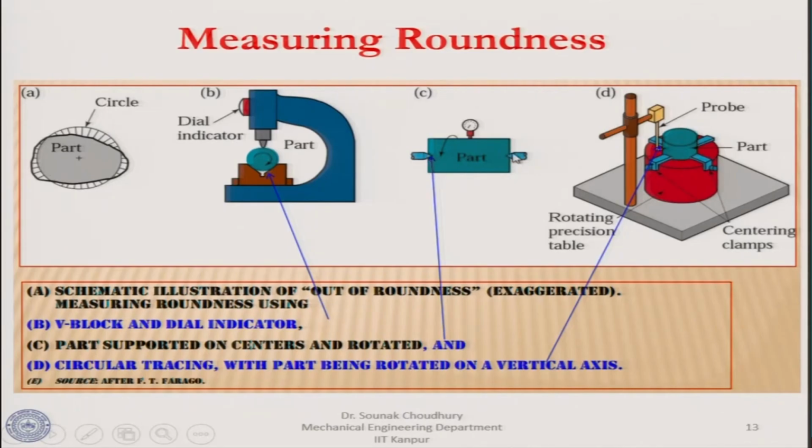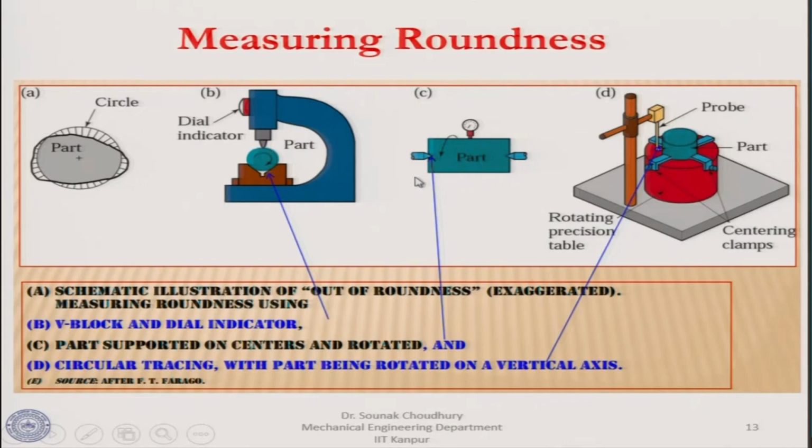These are the centers, the job is rotated about these centers, and then the dial indicator shows what is the out of roundness in this cross section. Then it can be put in this cross section, and this cross section, and so on, and the average can be taken along the length.